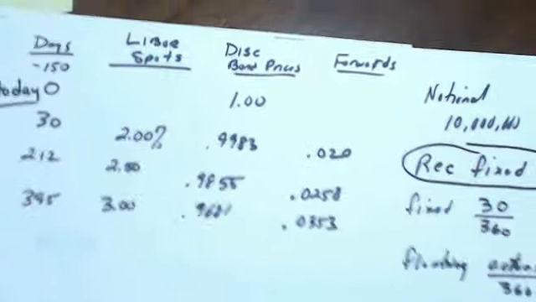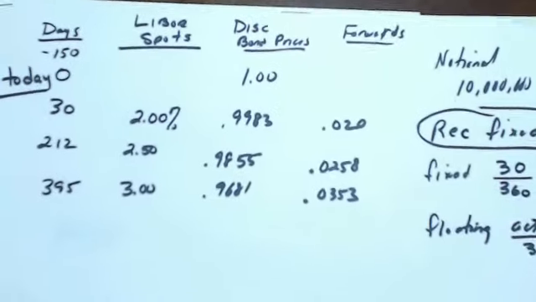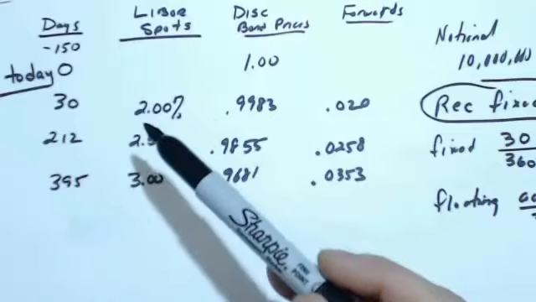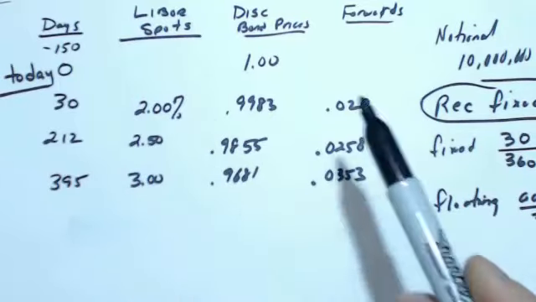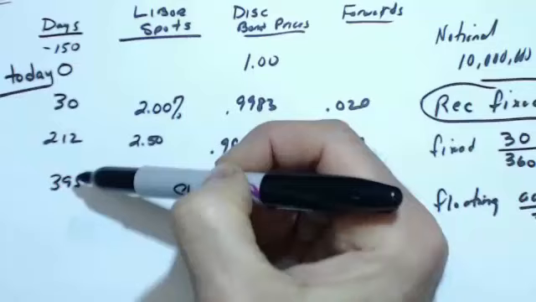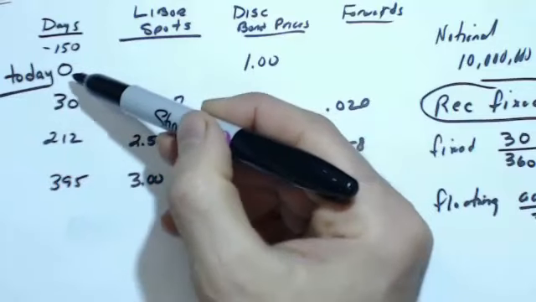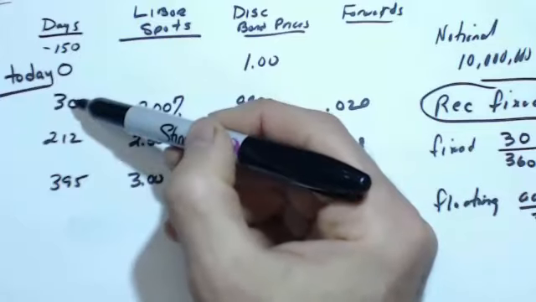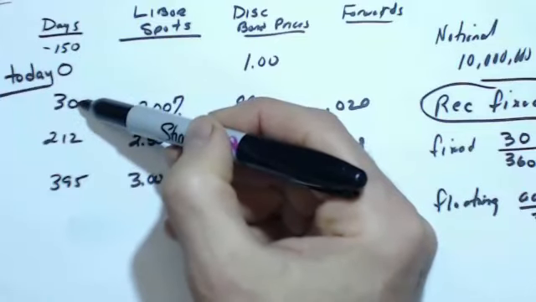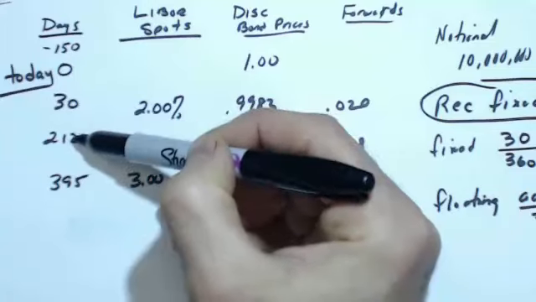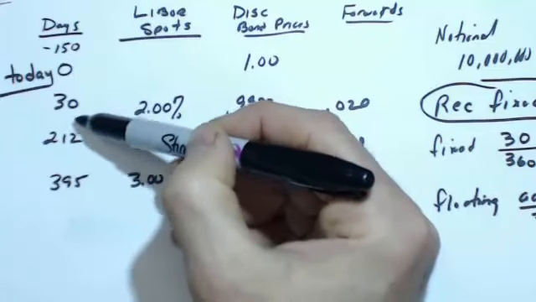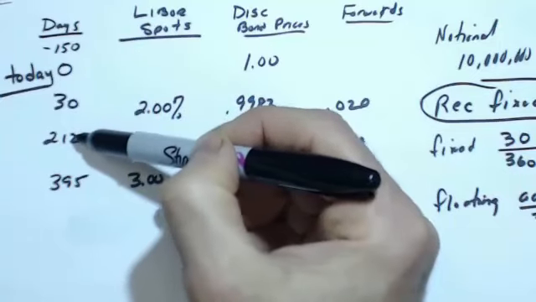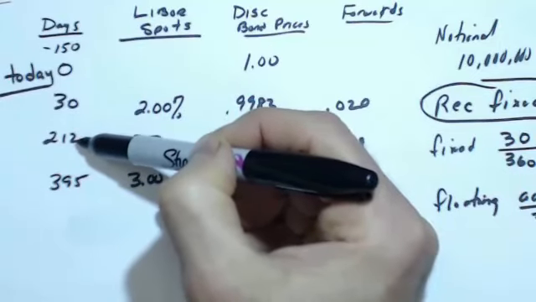Now, here I have the background for the value of a swap. Here's our timeline. Today is time 0. This swap was created 150 days ago, and the next cash flow is in 30 days. The next cash flow is 182 days after this point, which from today is 212 days from now.